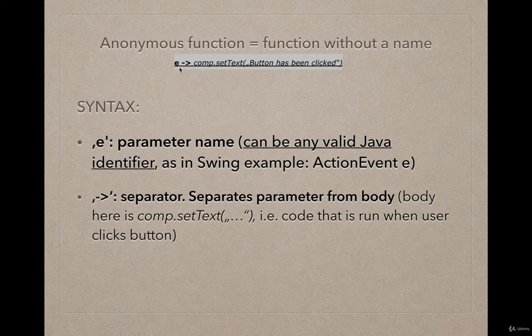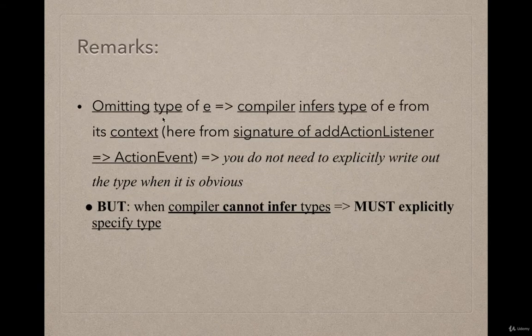So this is the parameter, and this thing here is the method body. And our anonymous method doesn't have a name. Parameter, body. So our anonymous method has a parameter, and this is the method body that is invoked whenever the user clicks a button.